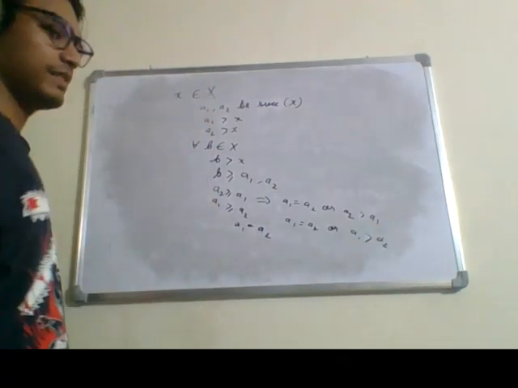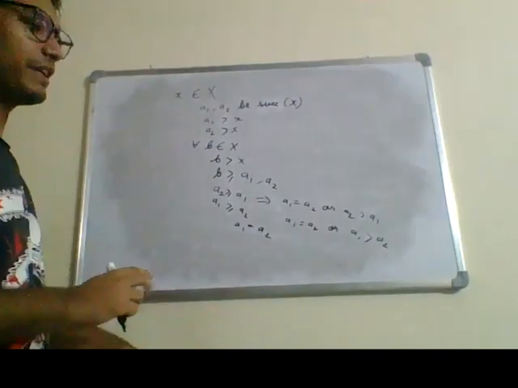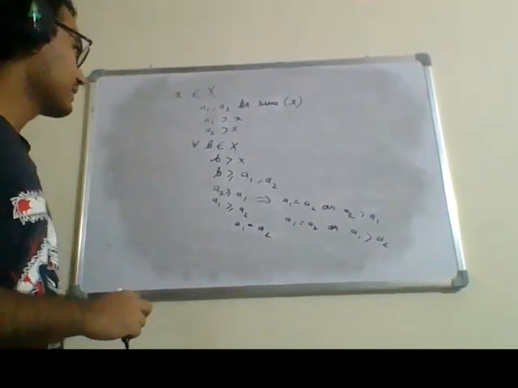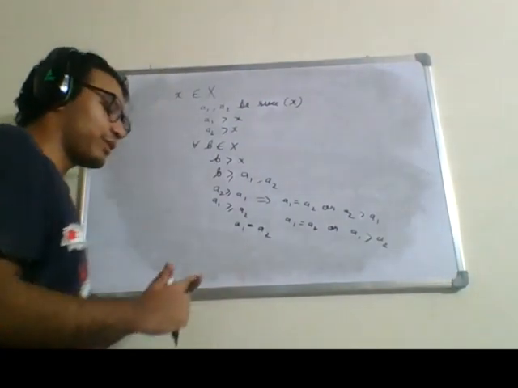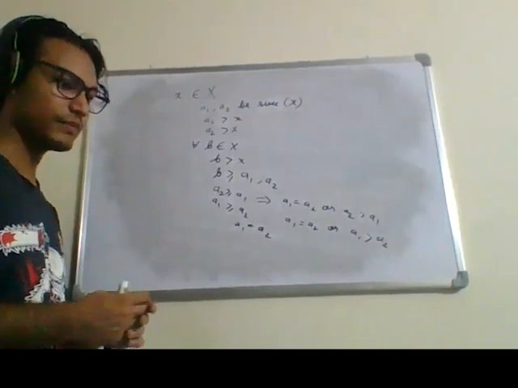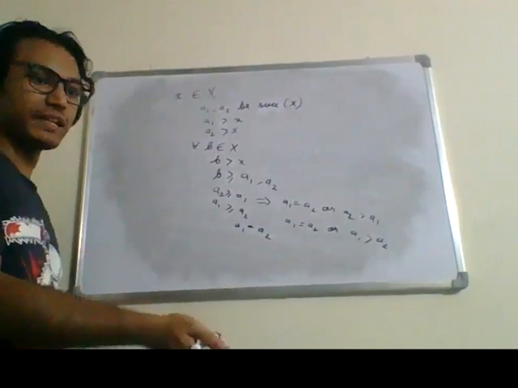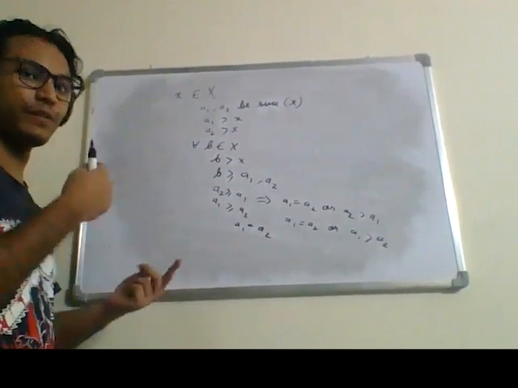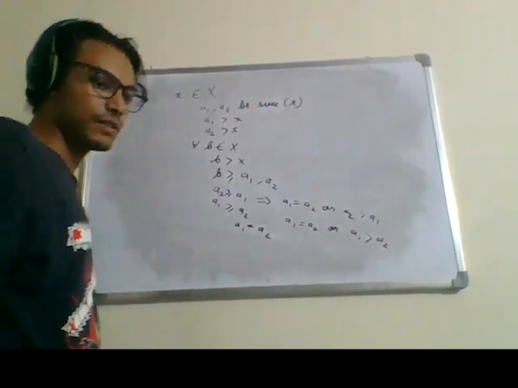But that's how you show that there's at most one. If you want to show that there's at most one of anything, showing that it's unique is enough. Because if it doesn't exist, we don't really care about that case. If it does exist, any two of them are going to be equal. That's one technique, at least.